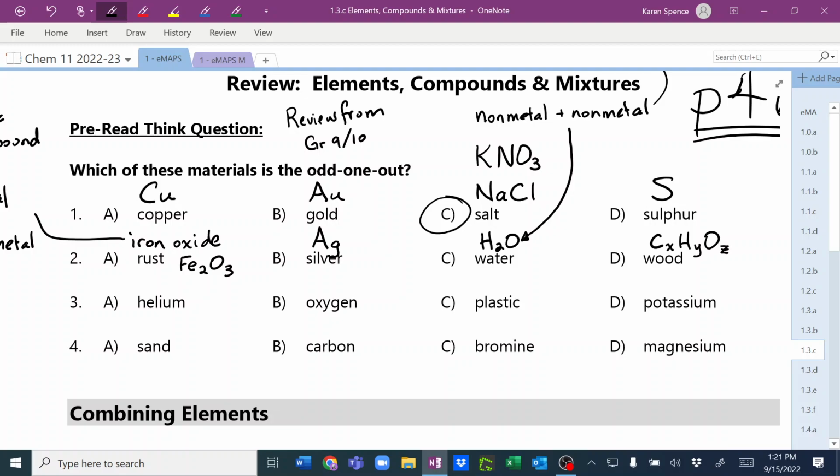So organic substances, like your body is organic, the wood is organic, right? They will contain usually carbon and hydrogen and often oxygen. So you guys who said B was the odd one out because all of the rest of those are compounds, whereas silver is the element.